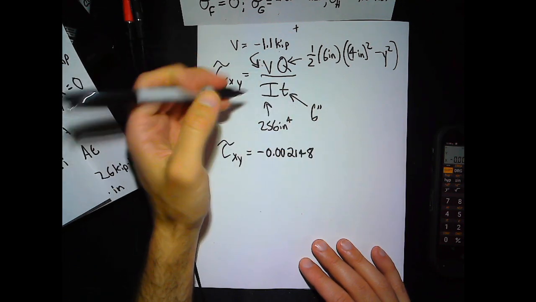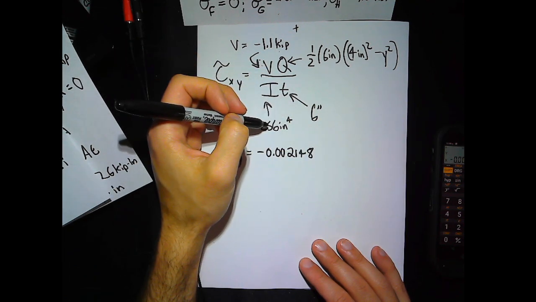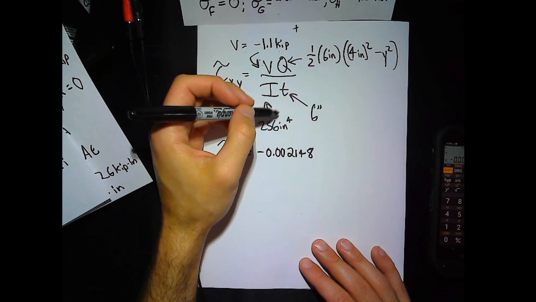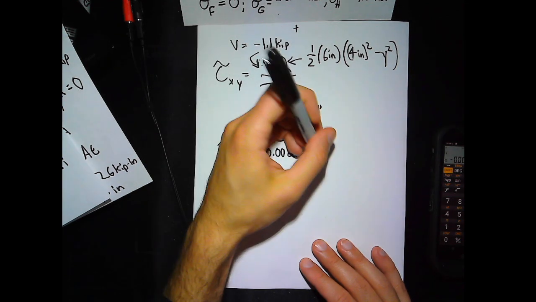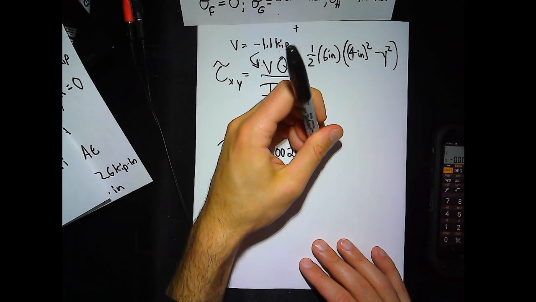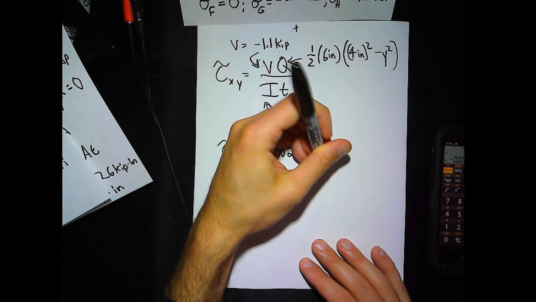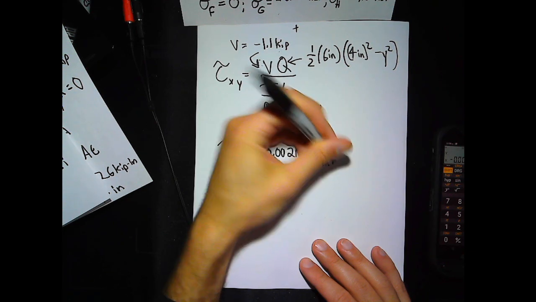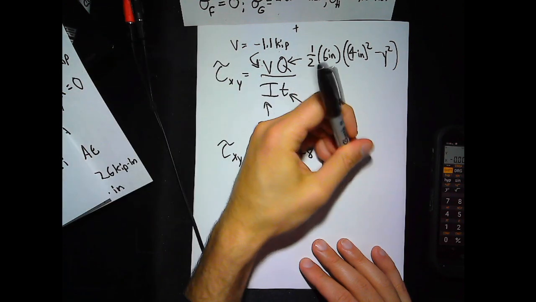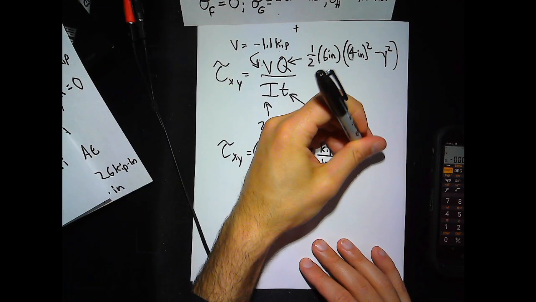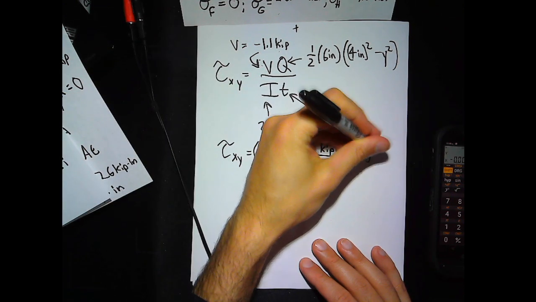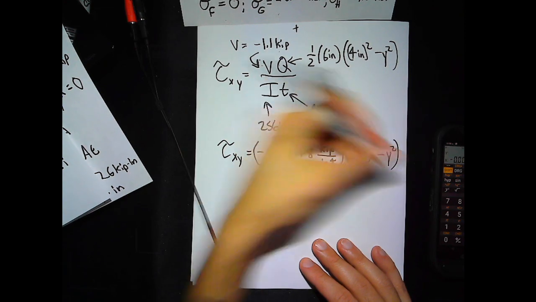The units of this are kip per inch to the fourth, multiplied by 4 inches squared minus y squared.